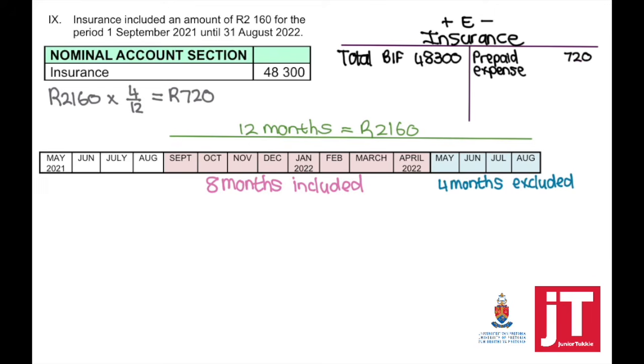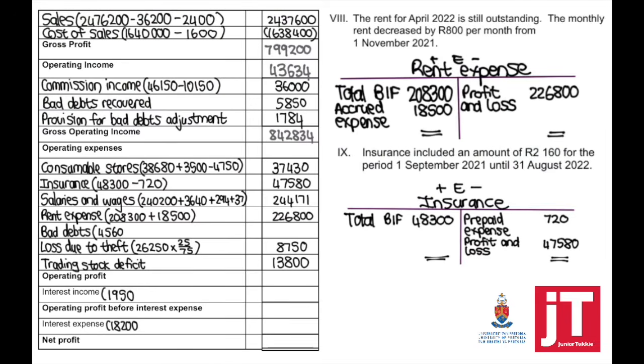To take it out, it means insurance is going to be credited and prepaid expense would have been debited. Now, income statement, we only care about our income and expense, which means insurance, we are going to say minus 720. So this will be our total expense for insurance for this accounting period.